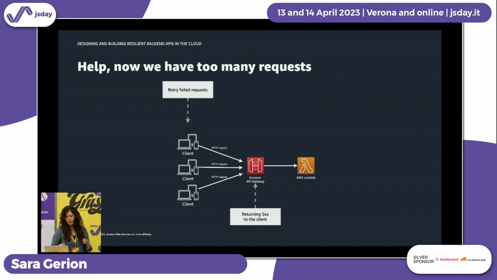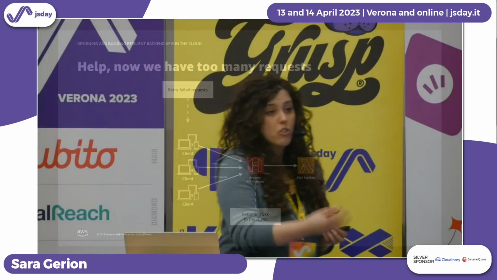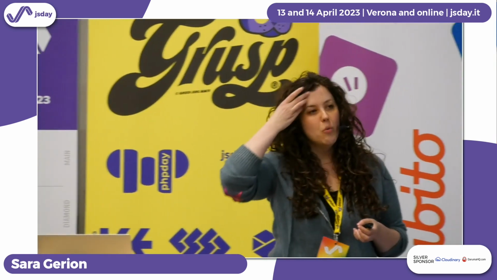Let's say that you have thousands of front-end clients that call your backend API, which potentially returns an error at the same time. Then, if you're not careful, your front end starts essentially DDoSing your application. So you are DDoSing yourself, which is not something that I would advise, of course.